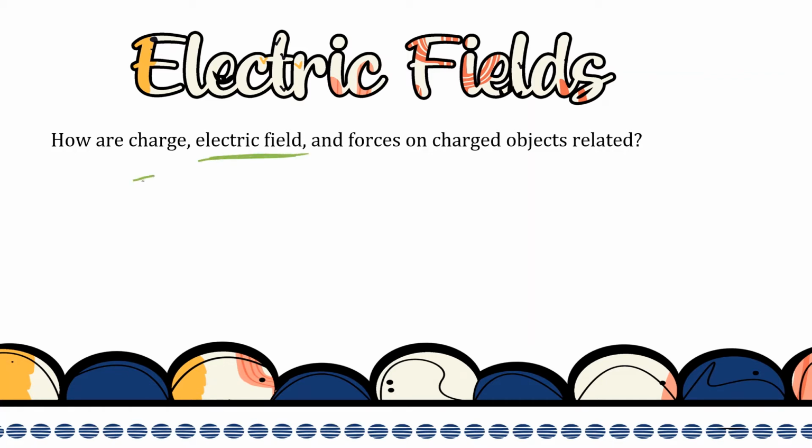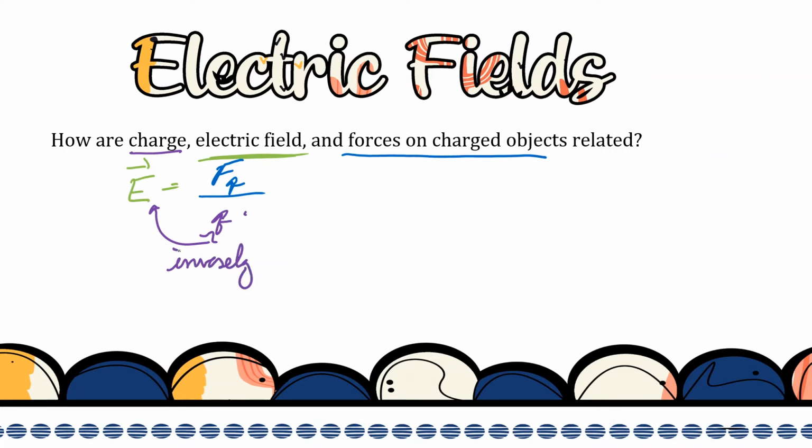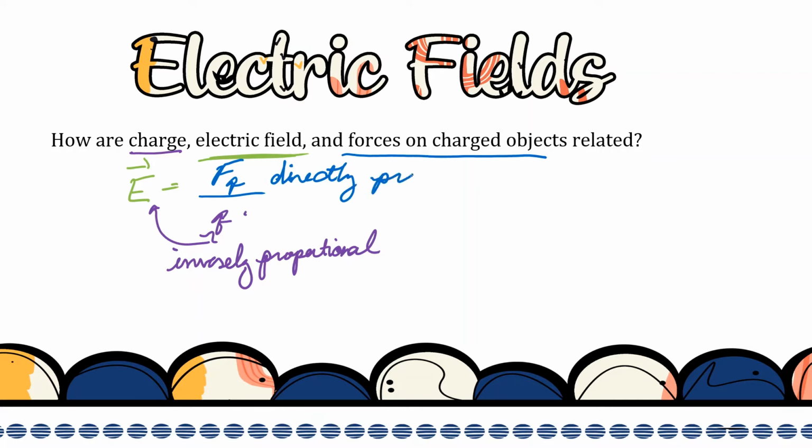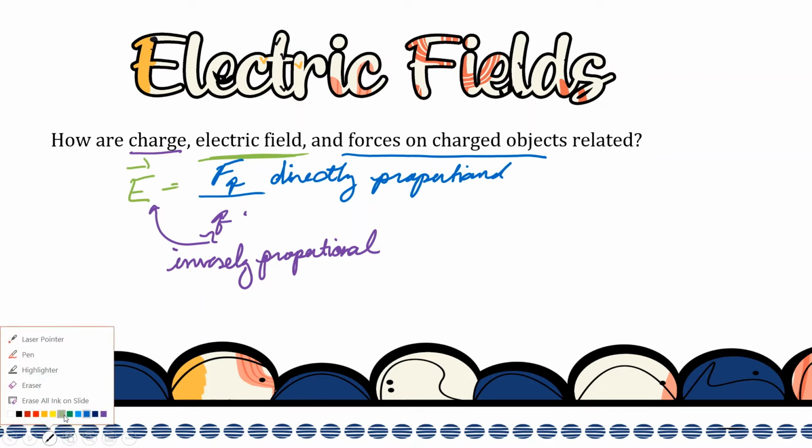So the electric field, E, is equal to the force on the charged object, F, divided by the unit charge, Q. So you could think of these two as being inversely proportional, and then you could think of this as being directly proportional.